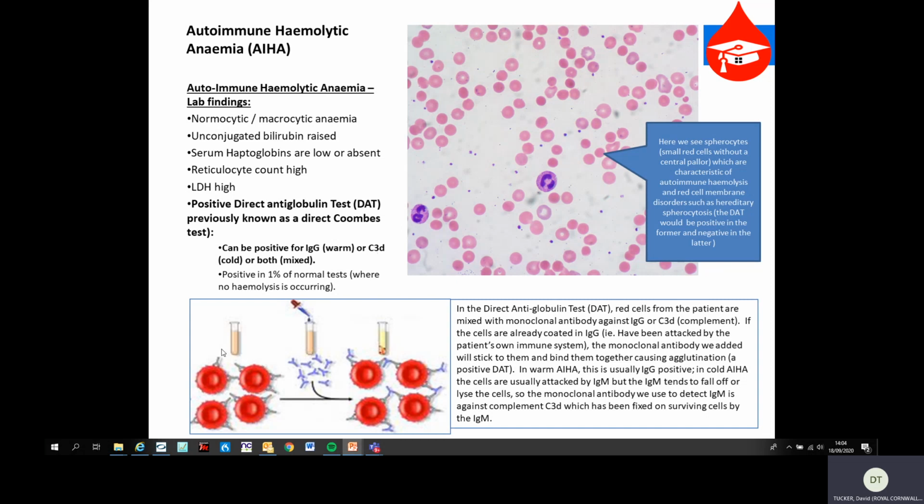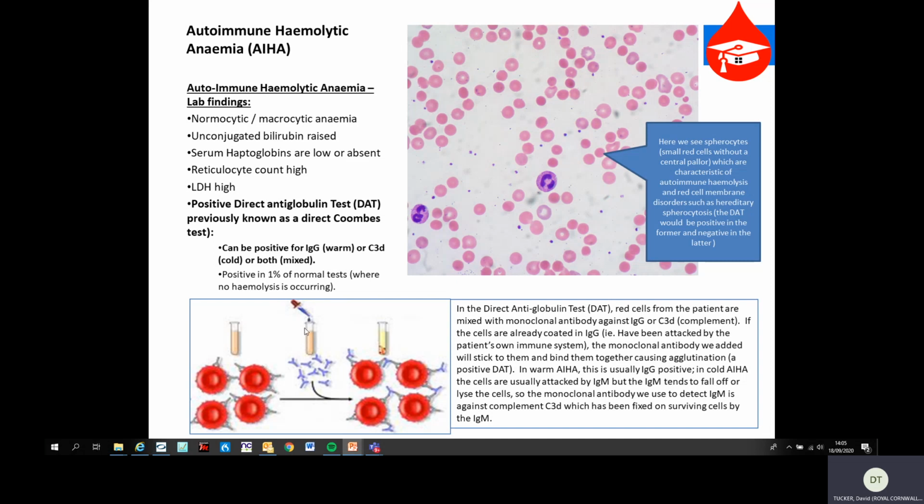So what you do is you take a tube of the red blood cells, you resuspend it in saline to get rid of all the plasma and any antibodies that's there. You then add an antiglobulin antibody. So this is an antibody which is targeted against the IgG that's stuck to the red blood cells and against complement. So usually we add a polyspecific antibody.